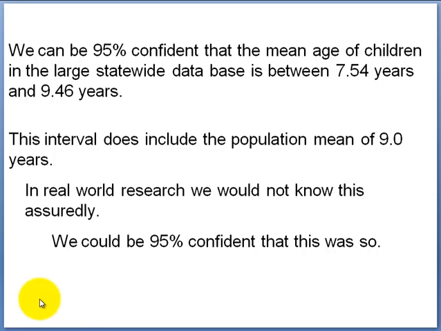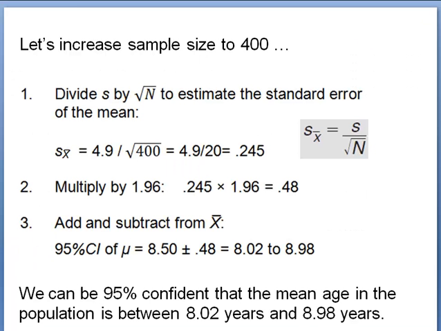Whereas the confidence interval, which is also known as an interval estimate, does provide this sense of closeness. We're 95% confident in our example that the population mean is between about 7.5 and 9.5 years.